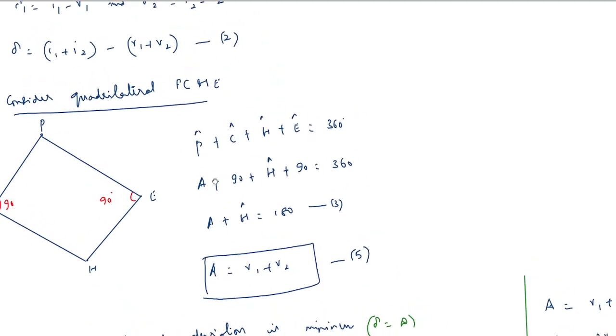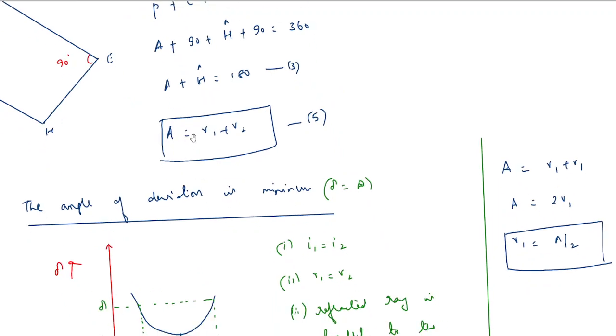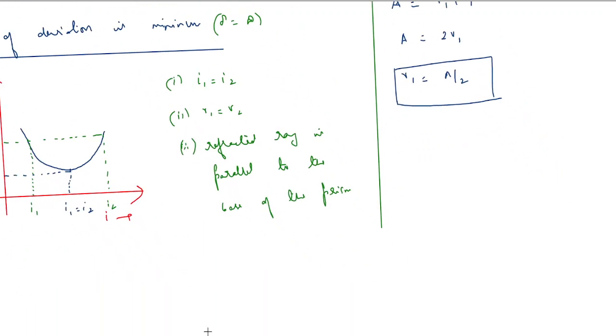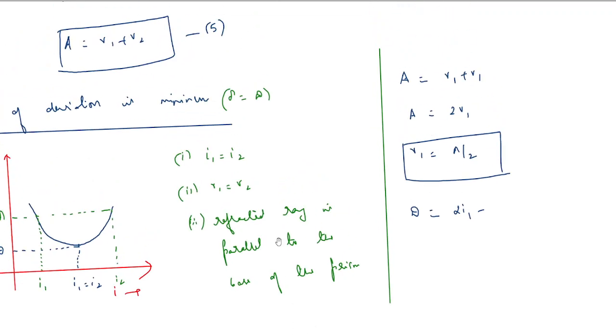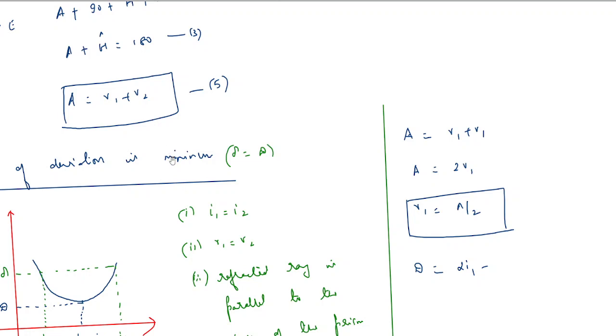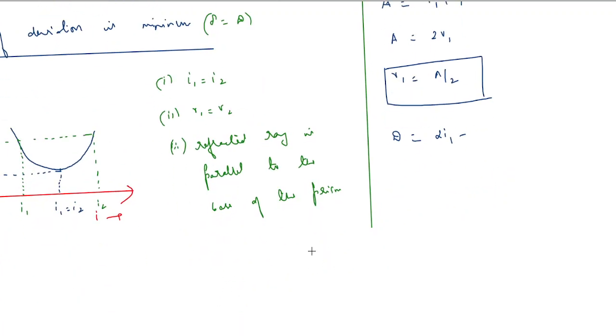In this case, I1 and I2 are equal and R1, R2 are equal. Therefore, delta becomes capital D is equal to 2I1 minus (R1 plus R2), but we know that R1 plus R2 is equal to A. Therefore, D plus A is equal to 2I1, or I1 is equal to (A plus D) by 2. So we know what is R1 and what is I1.